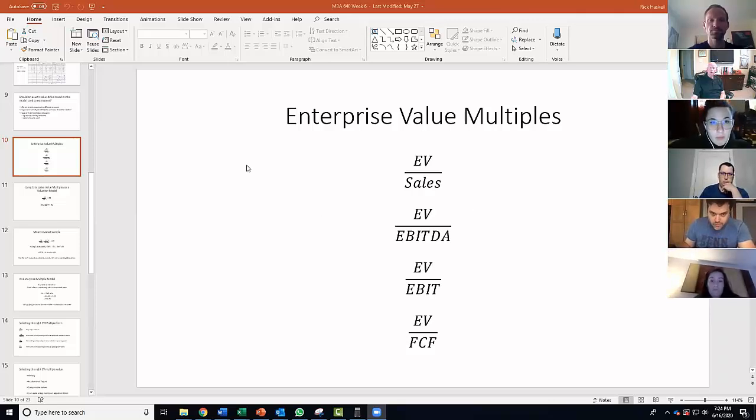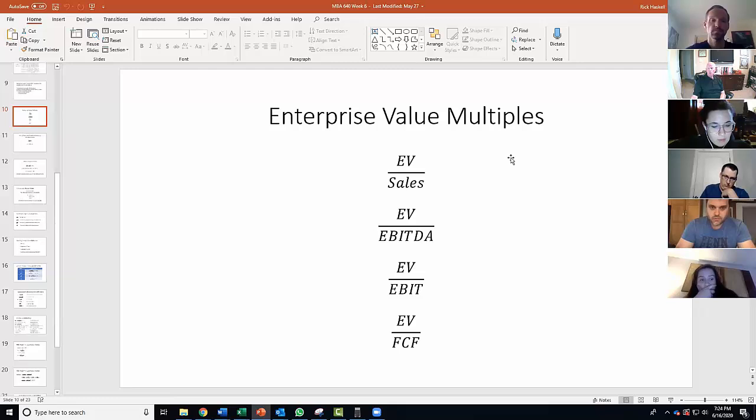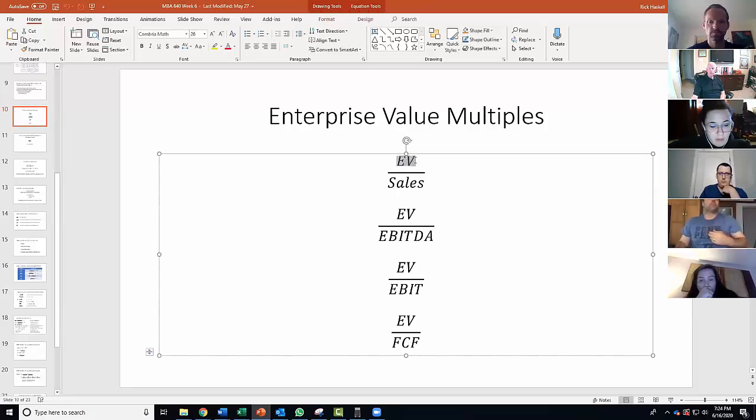And these multiples are exactly what they say they are. They are a very simple way of thinking about a value. If we have either calculated or estimated a company's enterprise value, and if we then divide it by its sales, we're going to get a number, right? It's going to be some ratio.